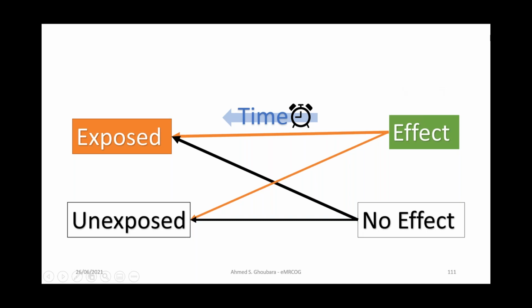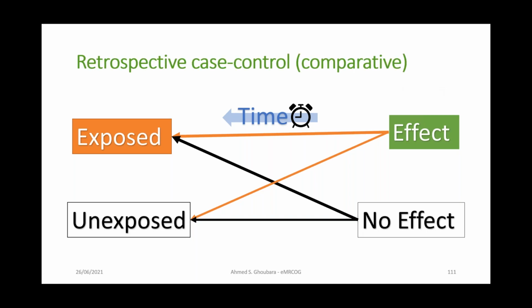We call this case control. What do we mean by case? Case means disease, a case patient, a breast cancer patient. Control means no breast cancer. So we go back in time to see if they were exposed or not exposed. Is this clear, guys?